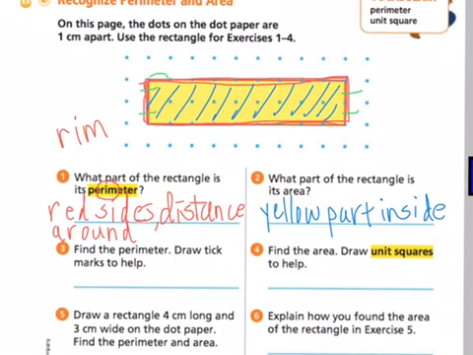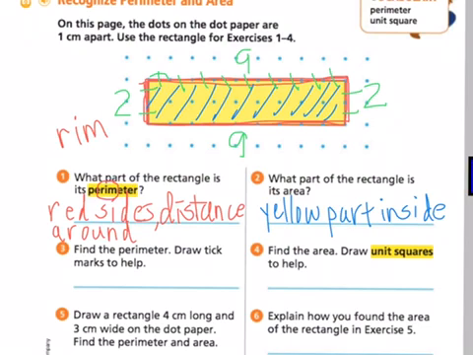So from here to here is 1, 2, 3, 4, 5, 6, 7, 8, 9. So this side is 2, and this side is 9. This side is 2, and we don't even have to count the bottom. We know it's 9 because it's a rectangle, and these two sides equal each other. The two opposite sides equal each other.